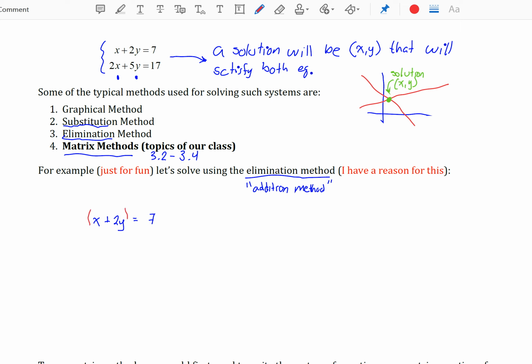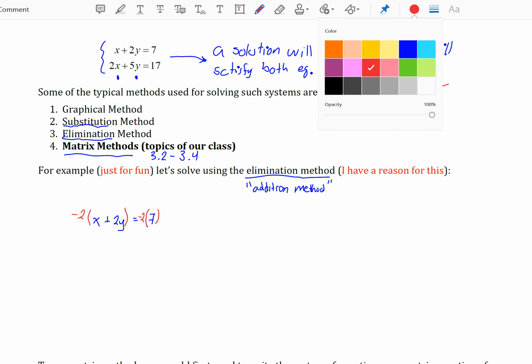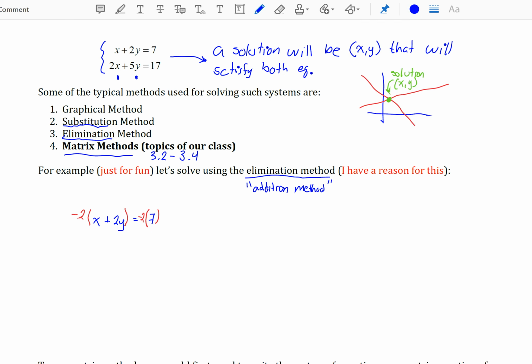I'm going to multiply this first equation by -2 on both sides. However, when I do this multiplication, the second equation doesn't change. So this is my original second equation. Notice that multiplying the first equation by -2 does not change the second equation.